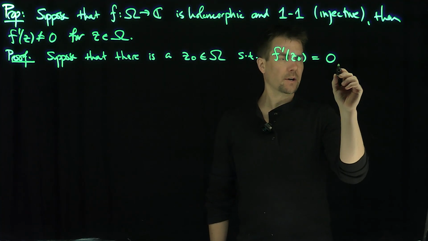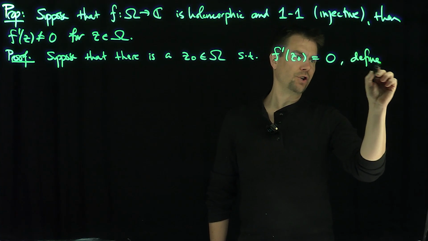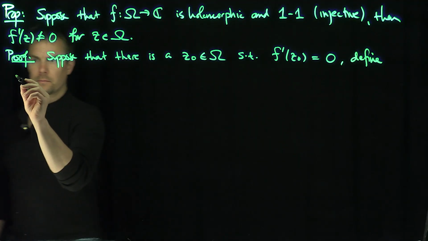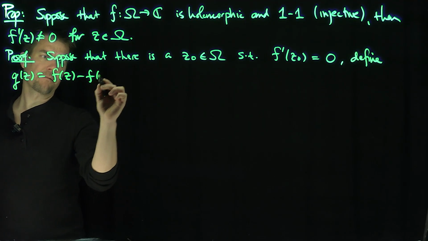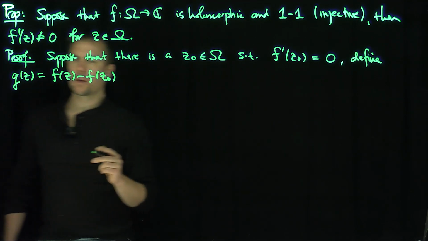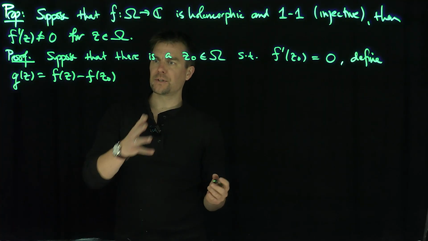And then define a function g of z, which is f of z minus f of z0, right? So clearly, g of z0 is equal to 0, and g prime of z0 is equal to 0.